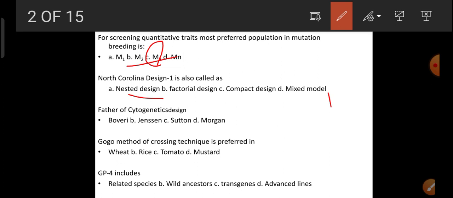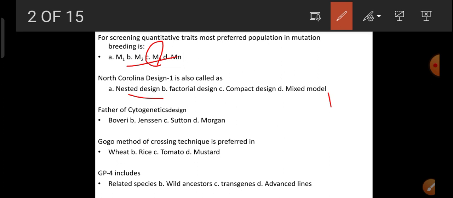The compact design is nothing but split plot design or lattice design kind. We shall discuss all the experimental designs in a separate video. Here just you understand that compact design is nothing but just kind of split plot design or lattice kind design. Then mixed model. Mixed model is conceptualizing the complex correlation structures in the breeding.